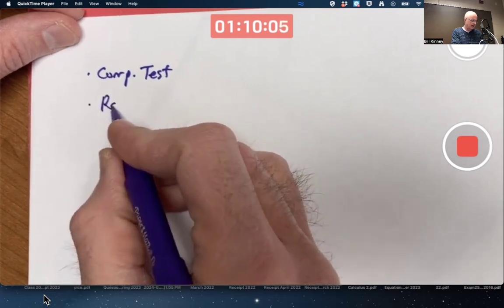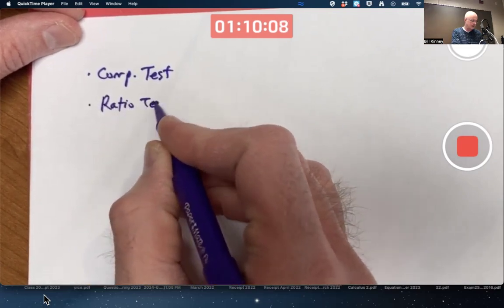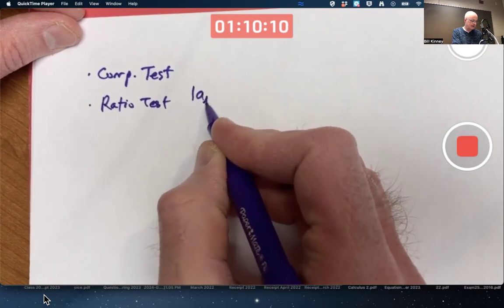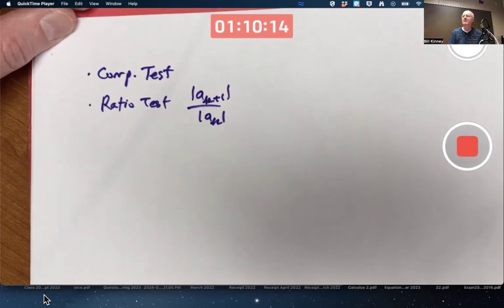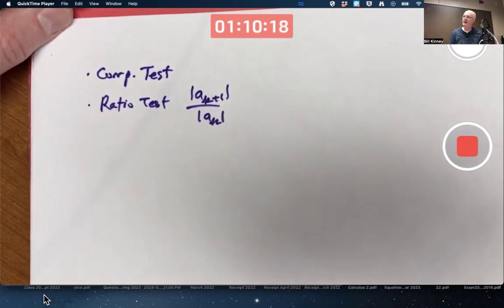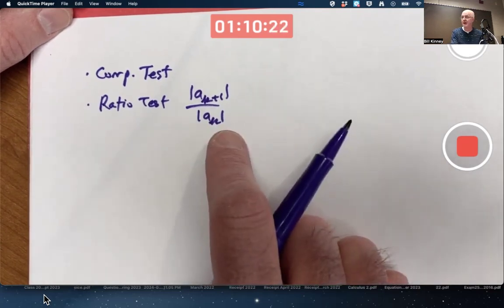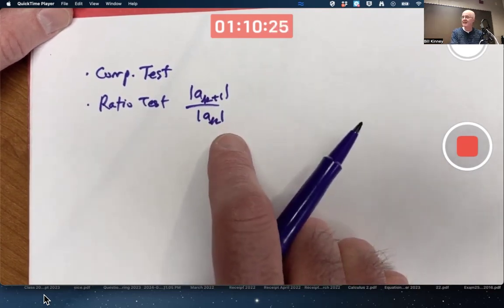We also had the ratio test, related to looking at what these ratios approach as k goes to infinity. If it's something less than 1, then the series converges. If it's greater than 1, then the series diverges. And if it equals 1, the test gives you no information. The ratio test always gives you no information for p-series, actually.